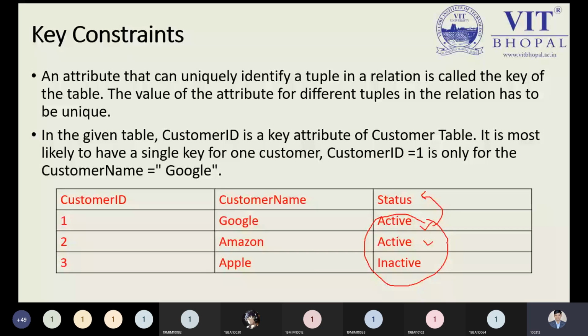So when a domain contains unique values, we can represent such a thing by the key. So what is the key, and how many types of keys do we have? One by one we will see, but before that let me know if this is clear to all.